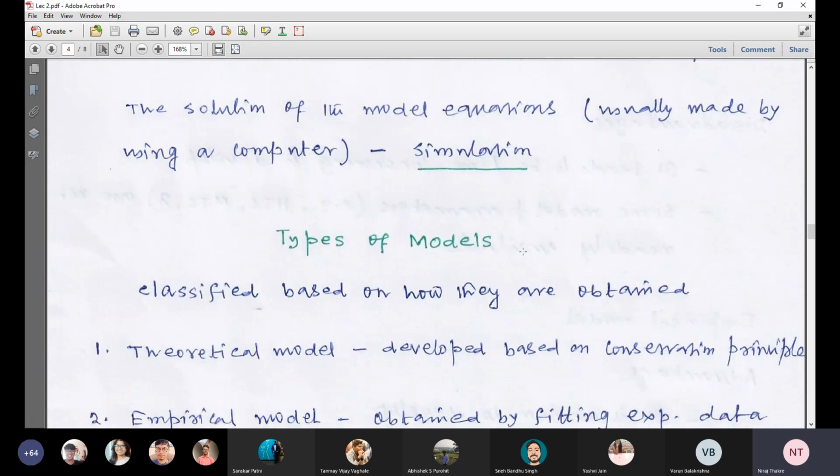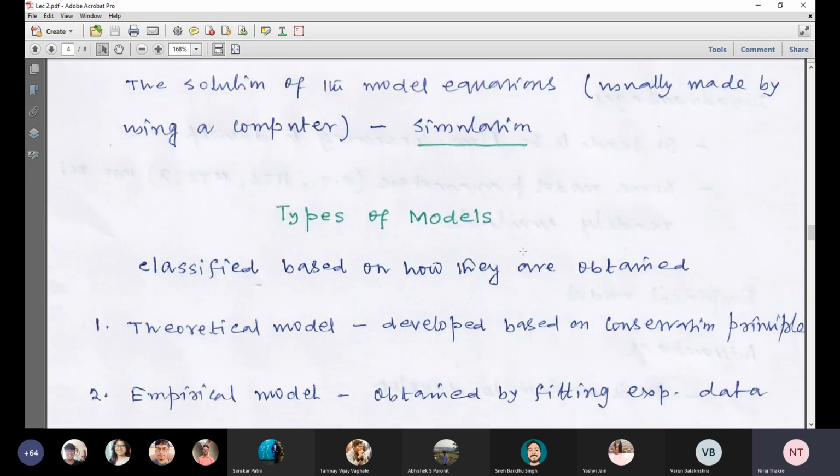Any other example? Any empirical model in reaction which you are frequently using? Arrhenius equation. That is empirical model. Fine.